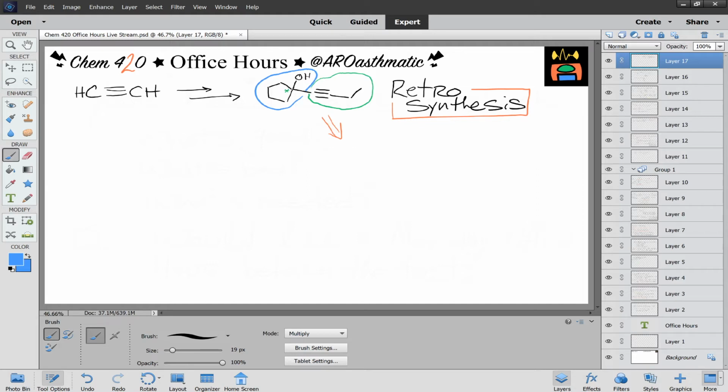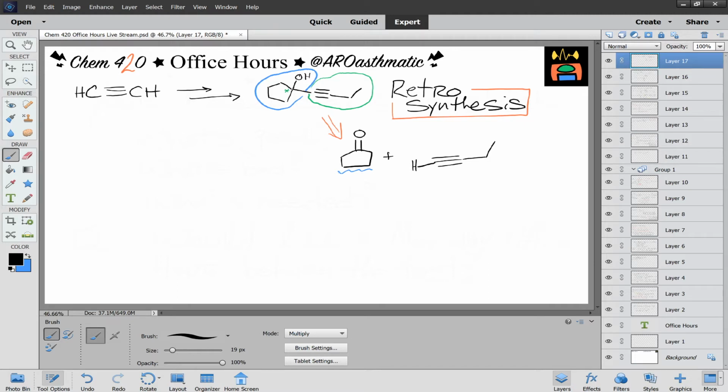So this blue side of the molecule could have come from a ketone, and the green side could have been a terminal alkyne, right, with an H.